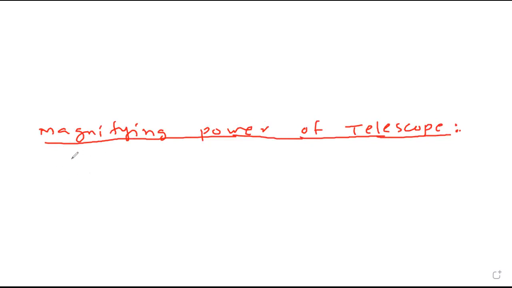They are always far objects. So the definition of magnifying power of telescope, also called astronomical telescope, will change a bit.